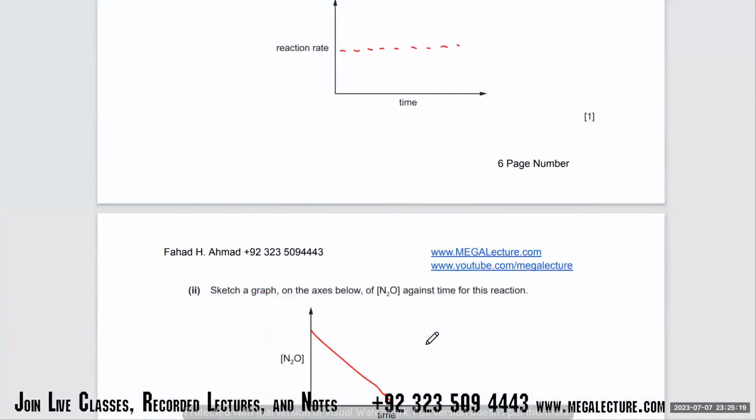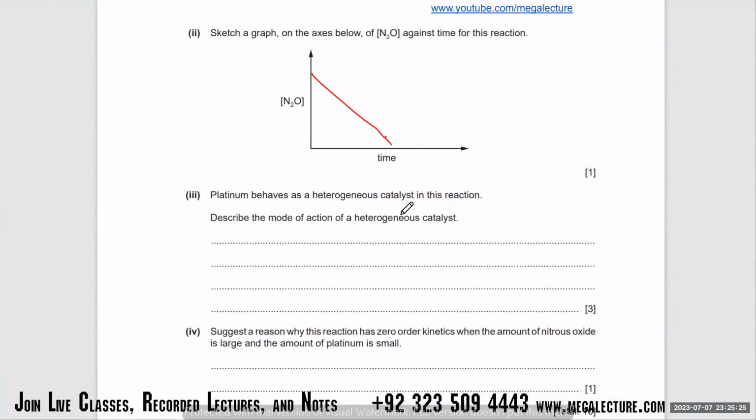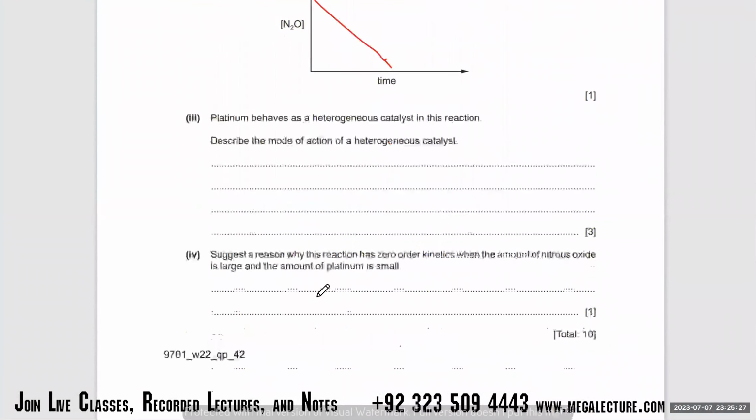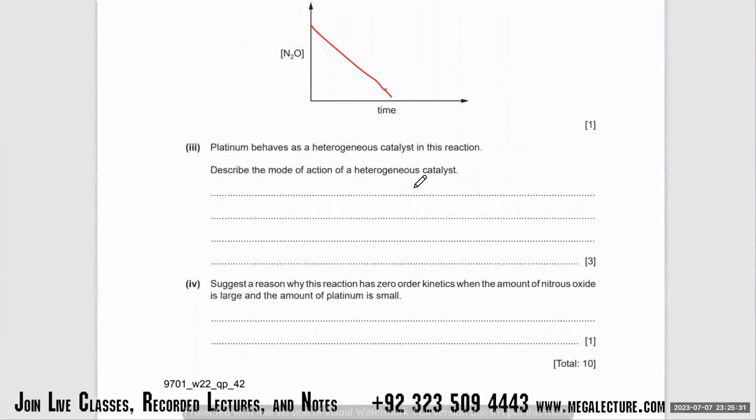The next one is about heterogeneous catalysts. Describe the mode of action of a heterogeneous catalyst. We'll talk about that later, just the reason we did this in AS. A heterogeneous catalyst has two modes. One is that it does adsorption.